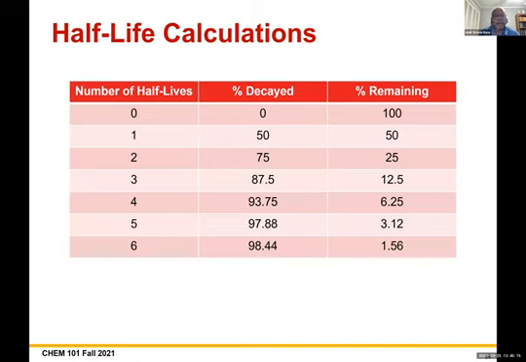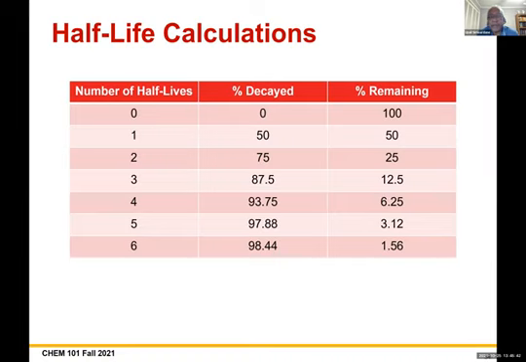Looking at half-life again, with the number of half-lives at 0, remaining is 100%. After one half-life, remaining is 50 and decayed is 50. The remaining decreases and the decayed increases within the 100% range.